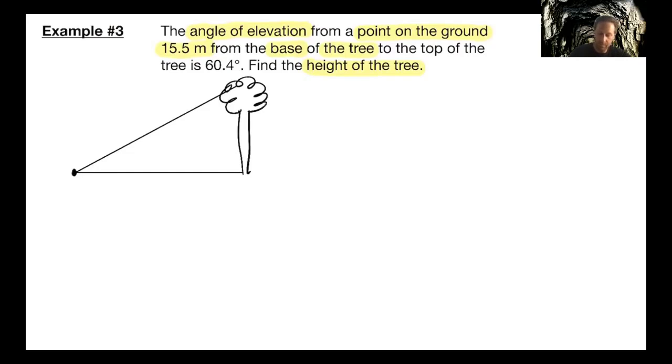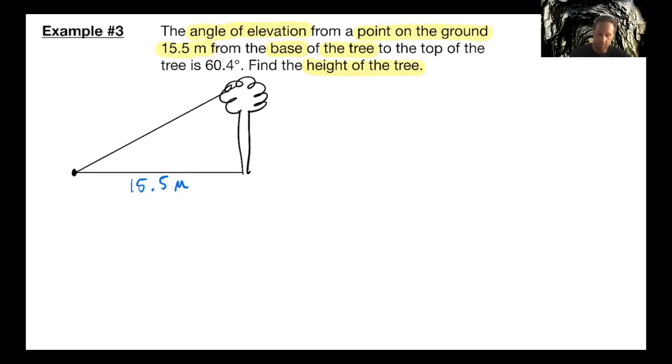And they said that angle of elevation from some point on the ground, which was this, from the base of the tree was a distance of 15.5 meters. Talking sig figs, that's 3 right there.